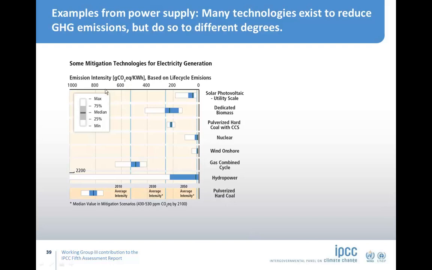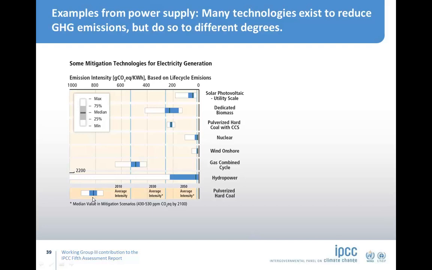If we look at the emission intensity of these different energy sources, standing out as the worst is coal in terms of the greenhouse gas emissions to produce the energy.